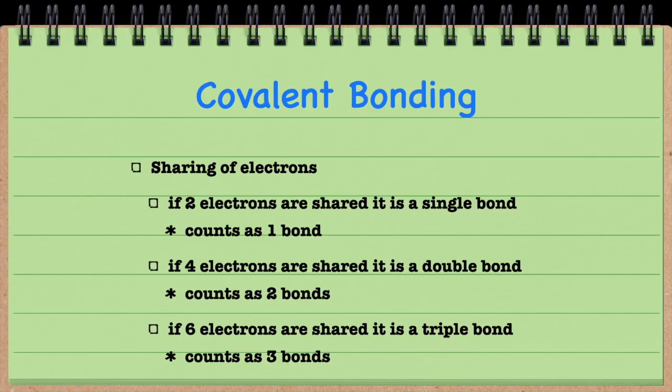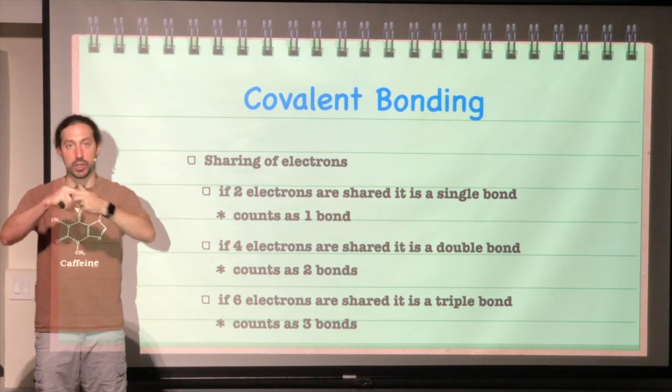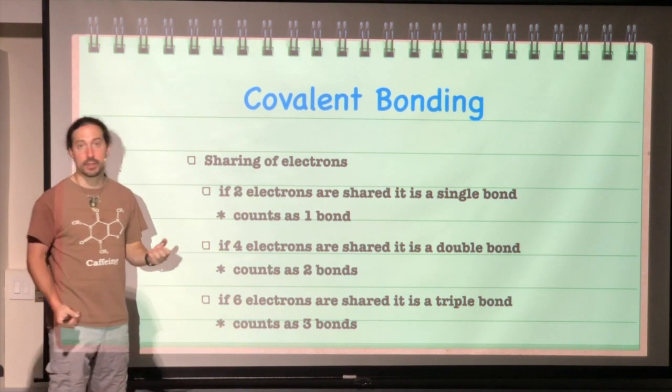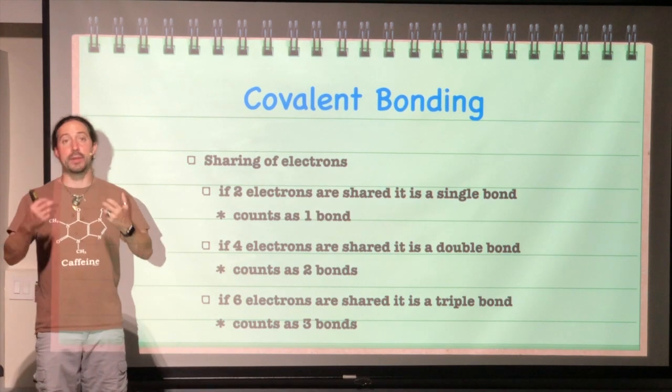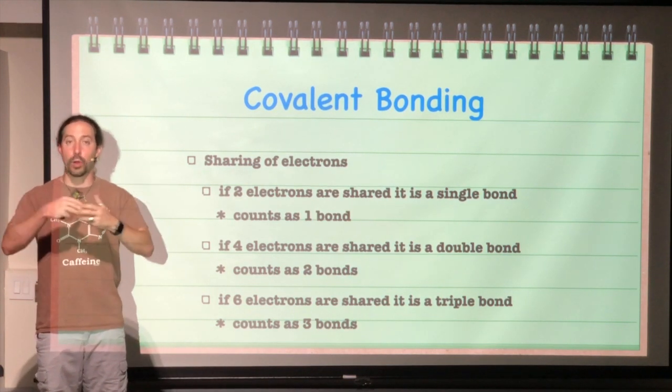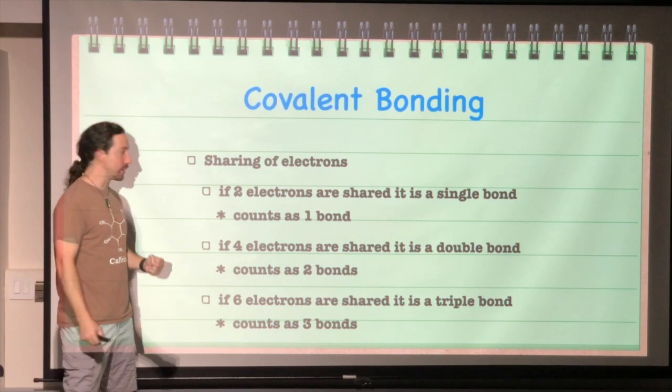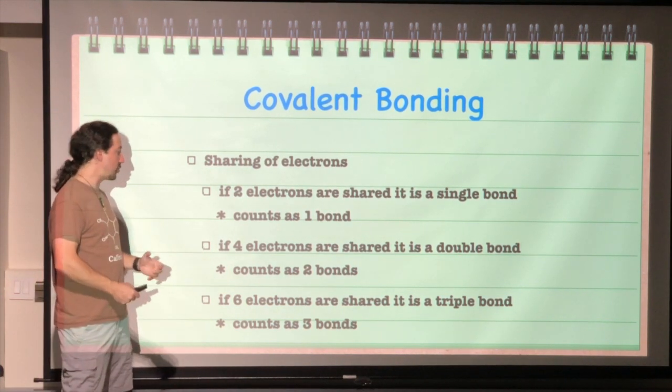That's where elements share electrons. If the elements share 2 electrons between each other, then that would be called a single bond. If 2 elements share 4 electrons between each other, that would be called a double bond. It's where we count it as 2 bonds.